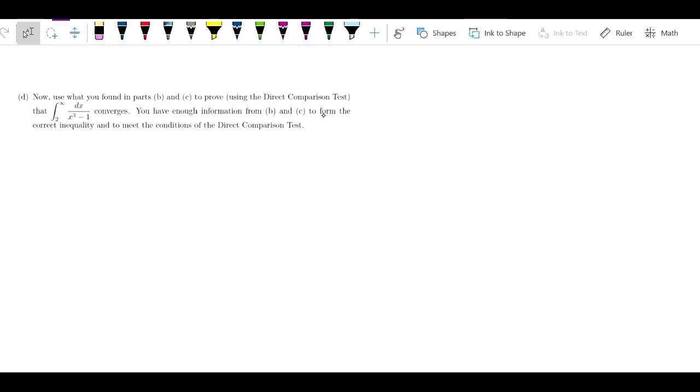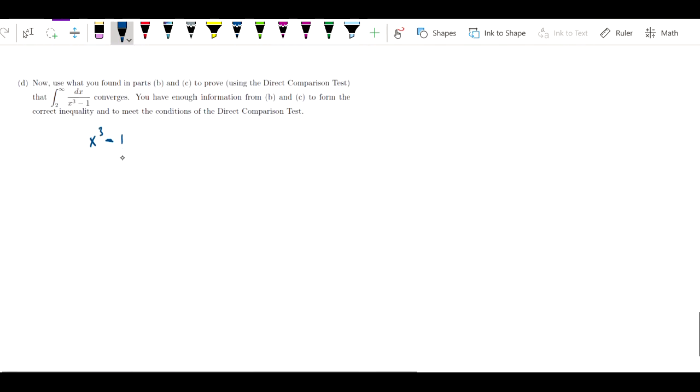All right, so how are we going to use those two in part D to prove that this integral converges? Here's what we're going to do. We know that x cubed minus 1 is greater than or equal to 1/2 x cubed. How do we know that? We proved it in part A. So 1 over x cubed minus 1 is less than or equal to 1 over 1/2 x cubed, which, by the way, is equal to 2 over x cubed.